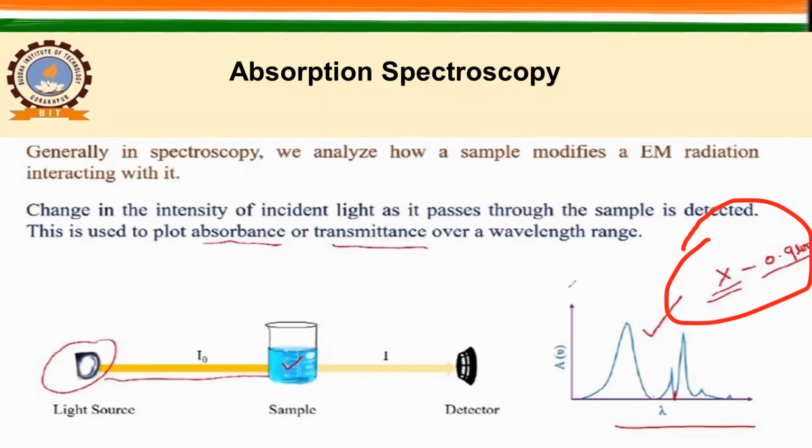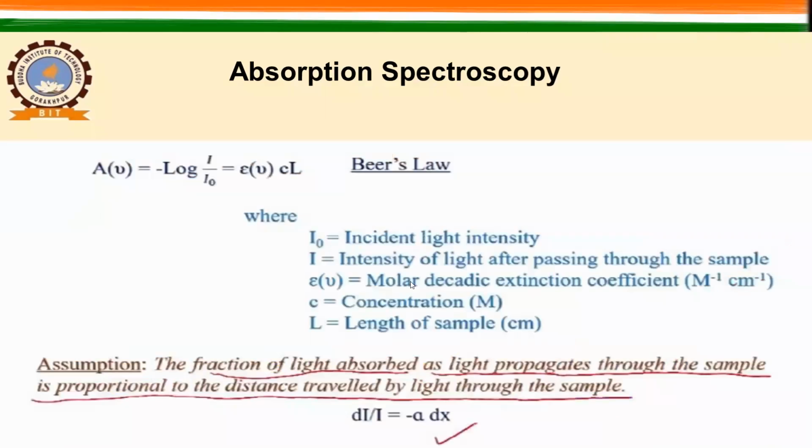Exactly, we cannot correlate directly, right? So see here. So we use this Beer's law, and then we identify what is the composition or what is the concentration of X in this. So that will tell you the concentration. That means it is a quantitative study.